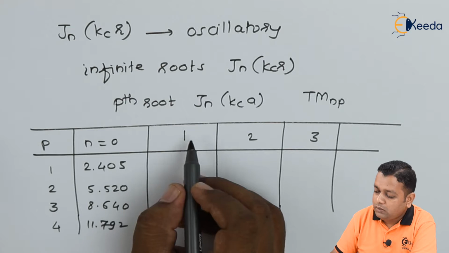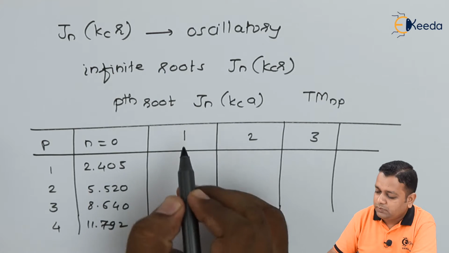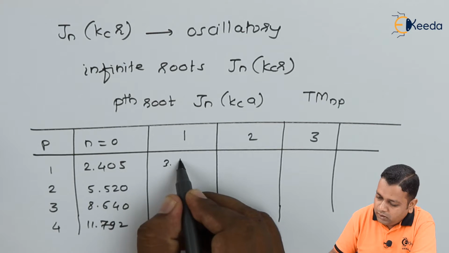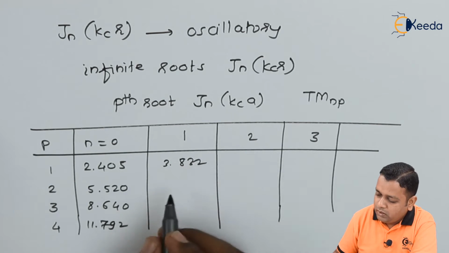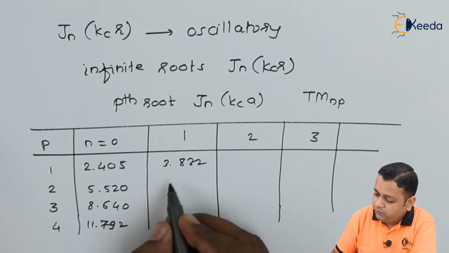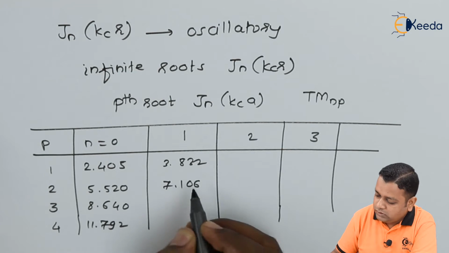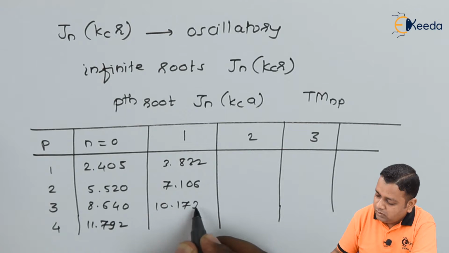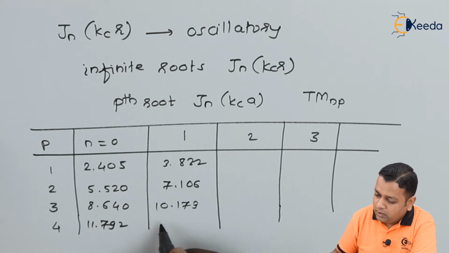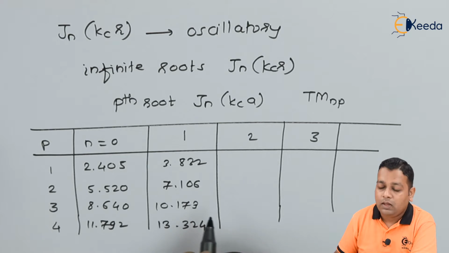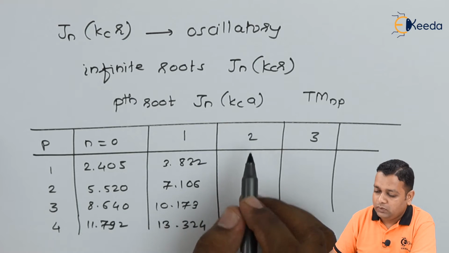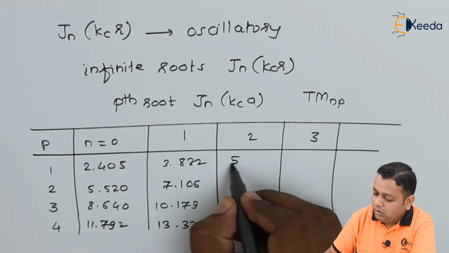For the first order Bessel's function J suffix 1 we can have the first root value is 3.832, whereas the second root value is 7.106, the third root value is 10.173, the fourth root value is 13.324.